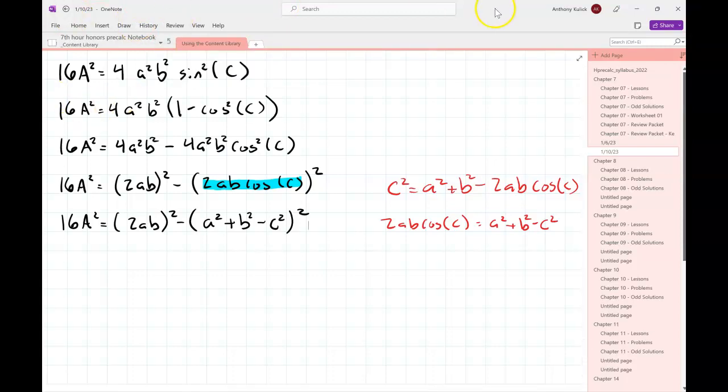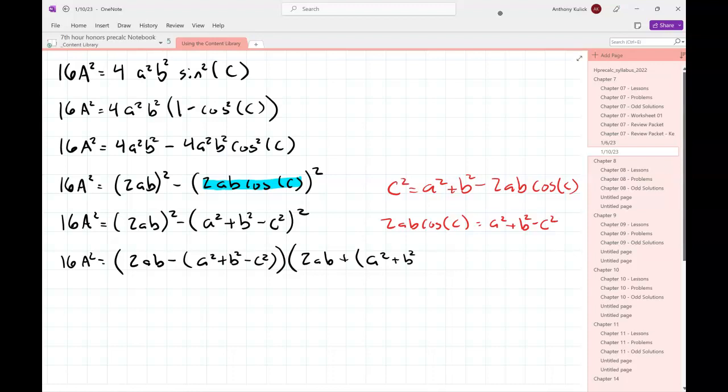I notice here that I have something squared minus something squared, right? I can factor that as a difference of 2 squares. Everybody okay there?